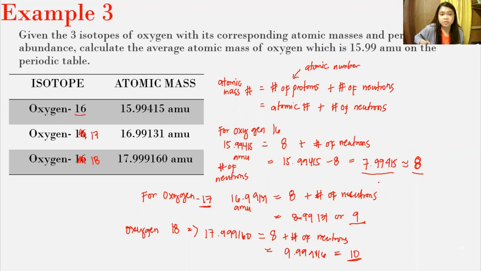So these are the numbers of neutrons of the 3 isotopes. The number of protons is just equal to 8. So I guess that's clear.